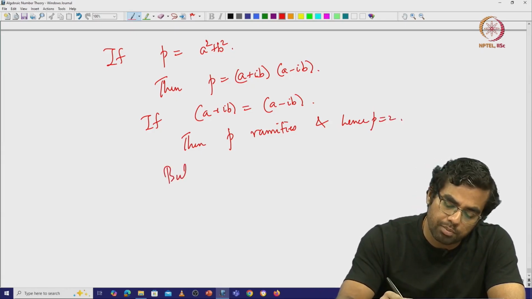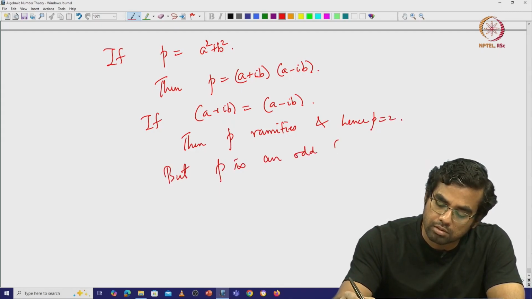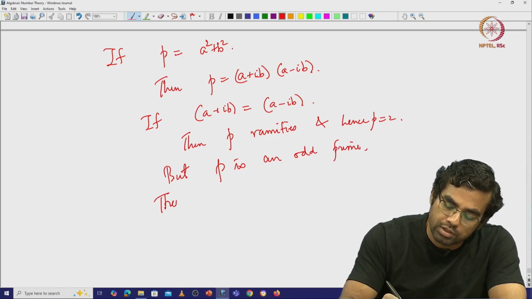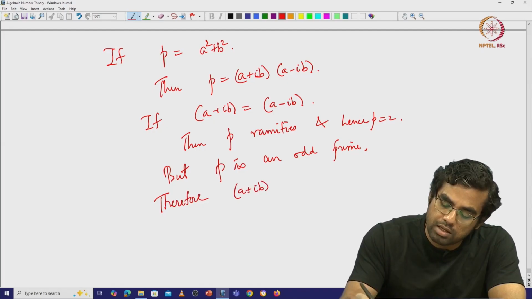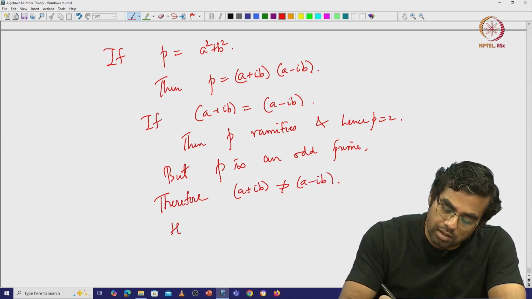But P is an odd prime. Therefore these two ideals are not equal. Hence P splits.